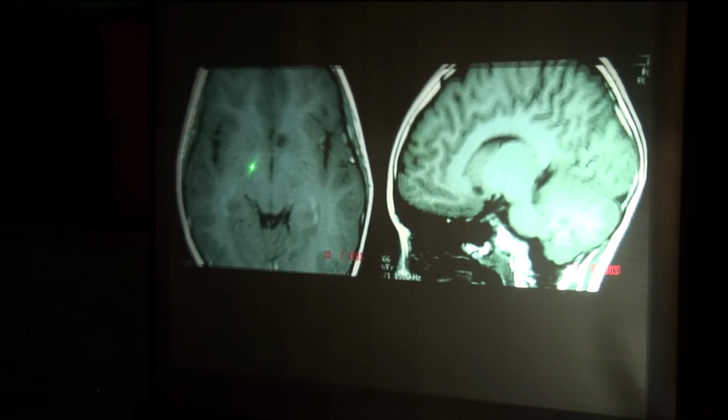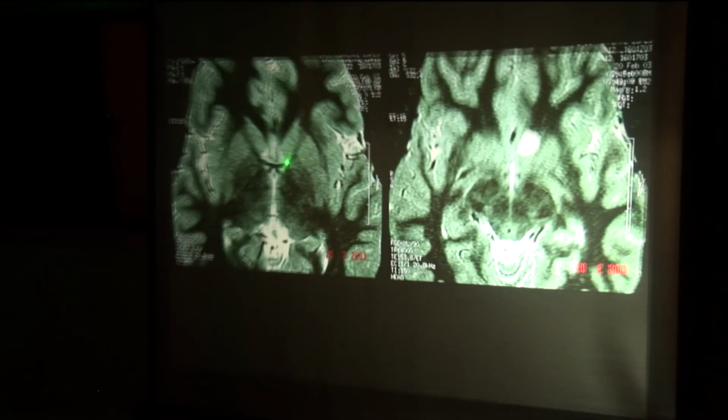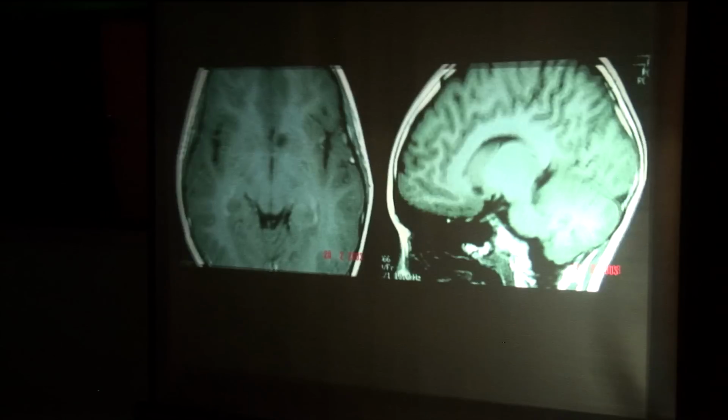Do you know what this is? Let's see the next slide. What is this here? Anterior commissure. Here it's right here. So this lesion is anterior to the anterior commissure, at the base of the head of the caudate.